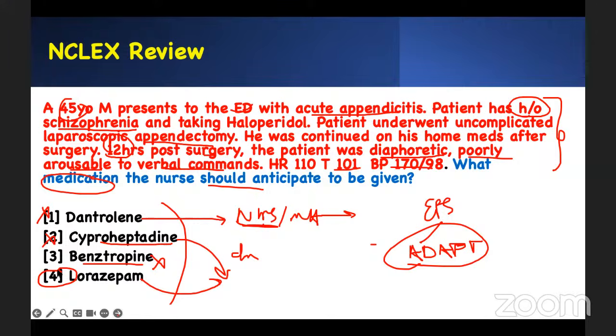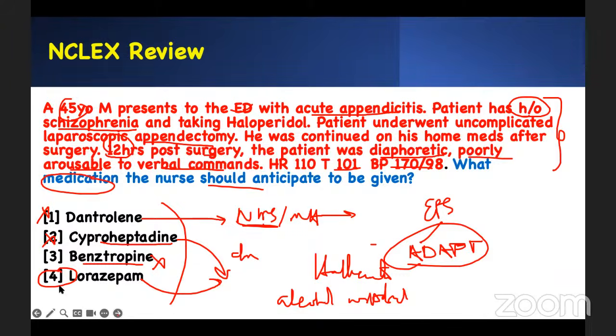I tried to trap you because I did not want to give it away. I could have given you hallucinations. I never give you hallucinations so that I don't give the answer choice away. But this is what you will see. What do you think this patient has? Alcohol withdrawal. So therefore, this patient needs lorazepam.